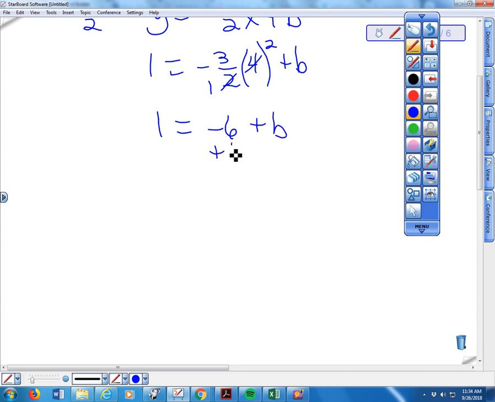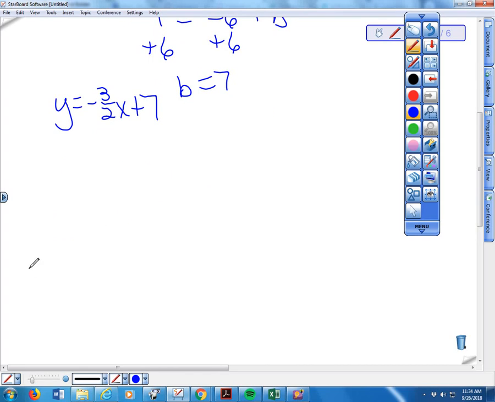Add 6. I know b is 7. So I'm getting closer. I have the slope-intercept form, but I have to get it into standard form. Right? Negative 3/2 is the slope, and I just found b to be 7. So I'm going to put it into standard form by adding 3/2 x to both sides.